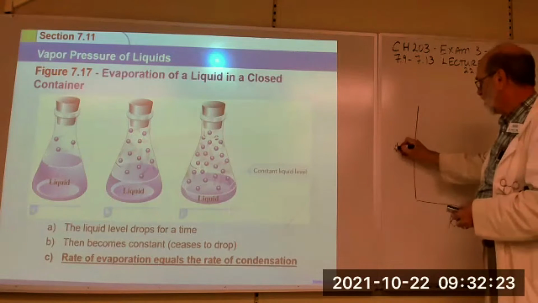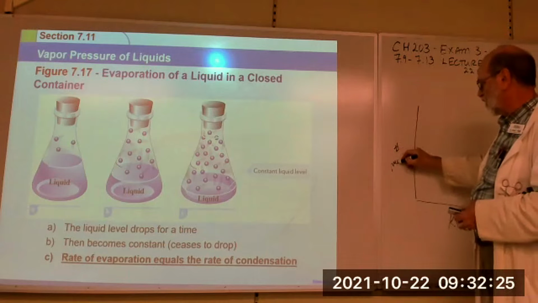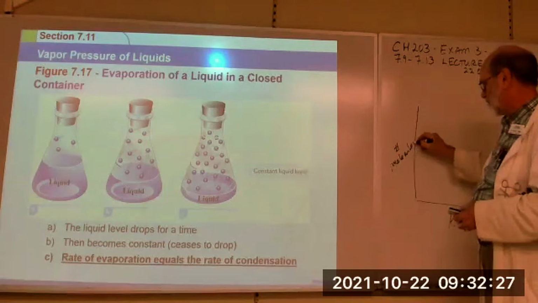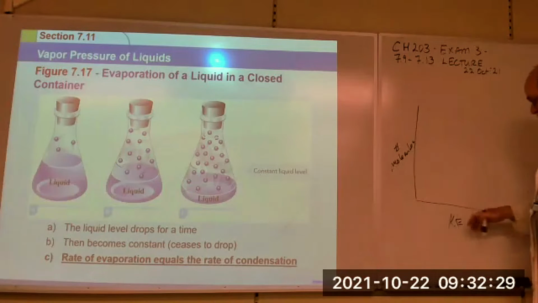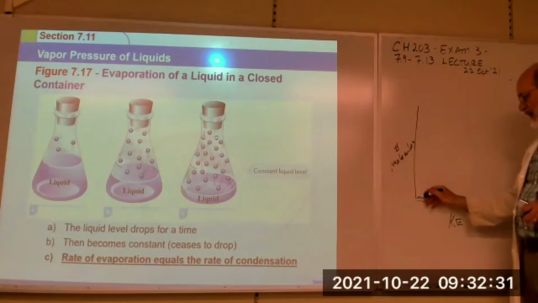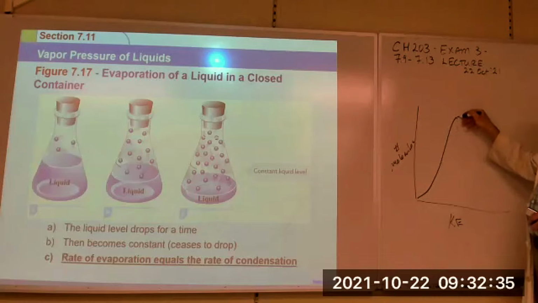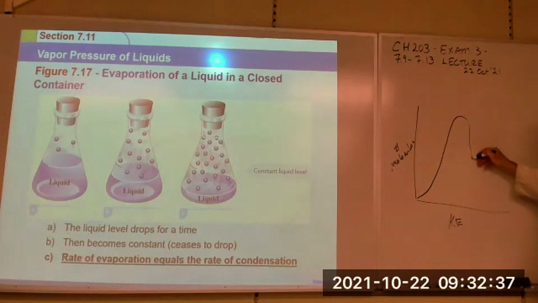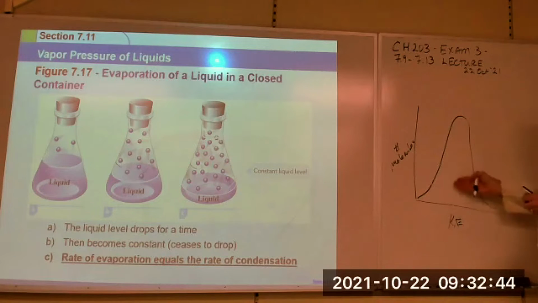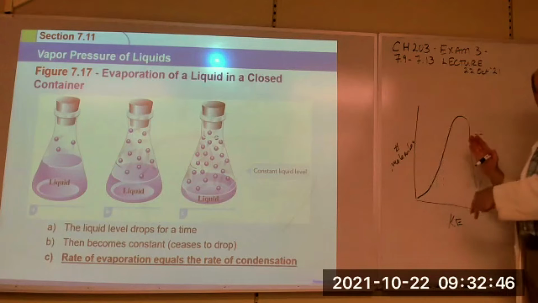And this is numbers of molecules. Okay, so very low kinetic energy, they're not many. Most of them are in this range. Most of them, 90% will be in that range. With this much kinetic energy, you'll have that many.